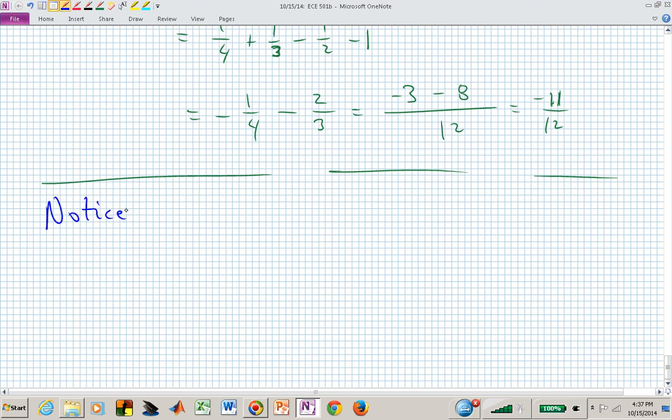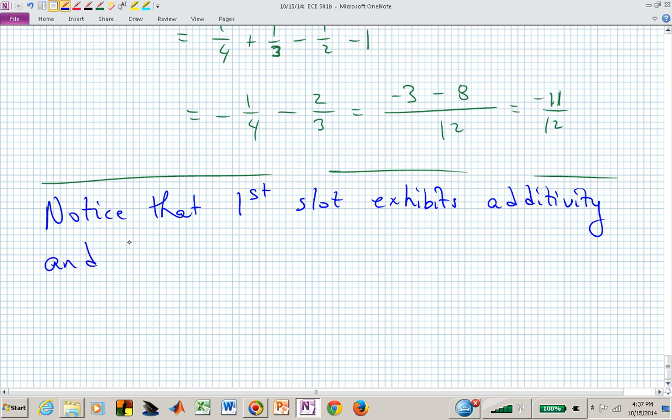One thing that we can observe is, notice that this first slot actually exhibits additivity and homogeneity. And because of that, if we fixed the vector in the second slot, we would then have a linear map for all vectors in the vector space.